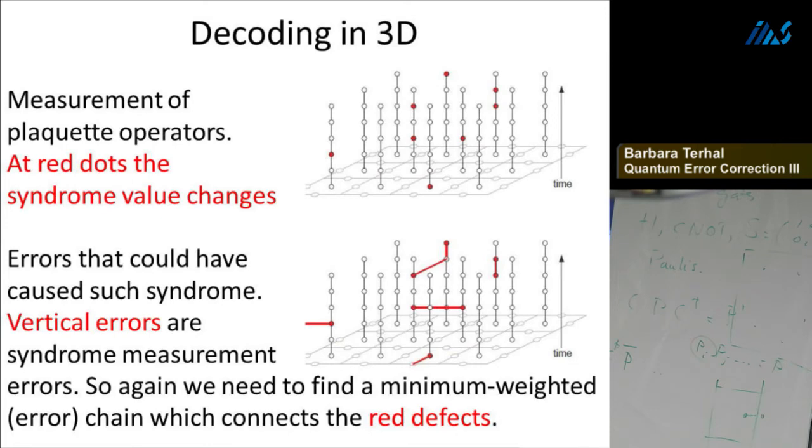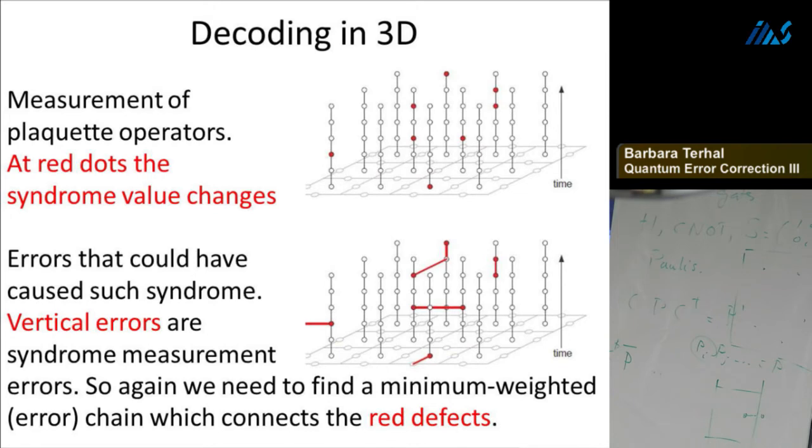They were perfect for a while, and then they both changed. Now, what is a likely error that could cause it? An X error happened on this qubit at this point in time. So this line denotes a possible error that could have caused this pair of defects.